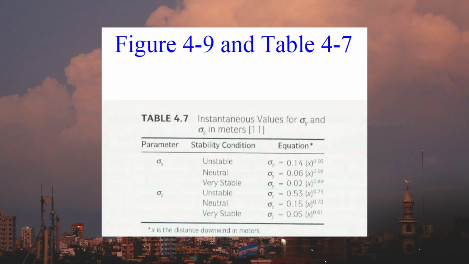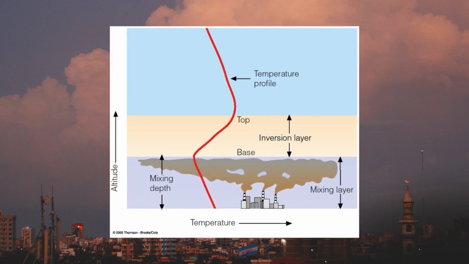So here there are some examples: if it is a neutral atmosphere, this is the stability coefficient. Here, this is a sort of atmosphere where there is an inversion layer. This is the lapse rate.